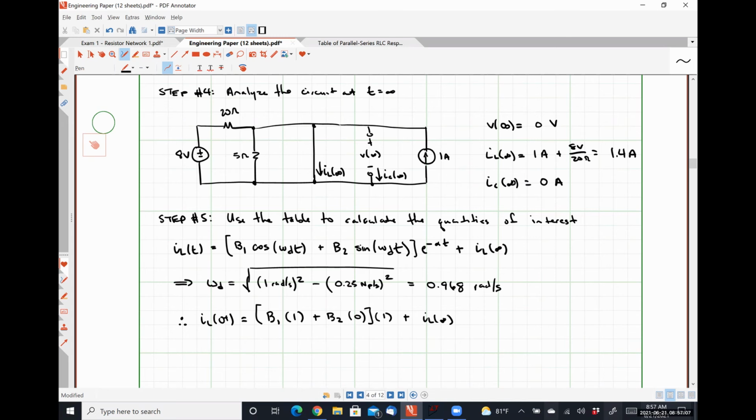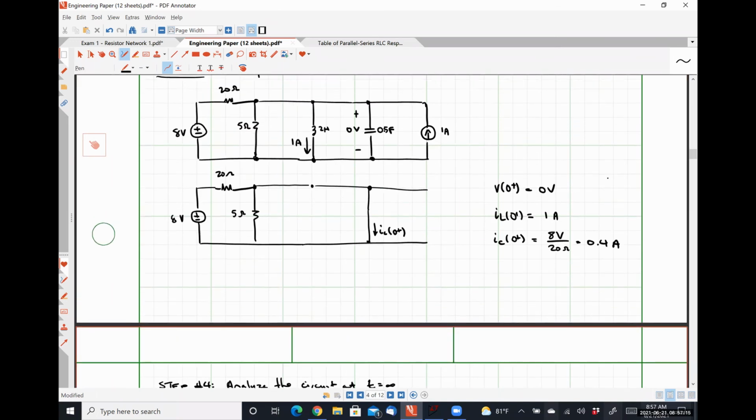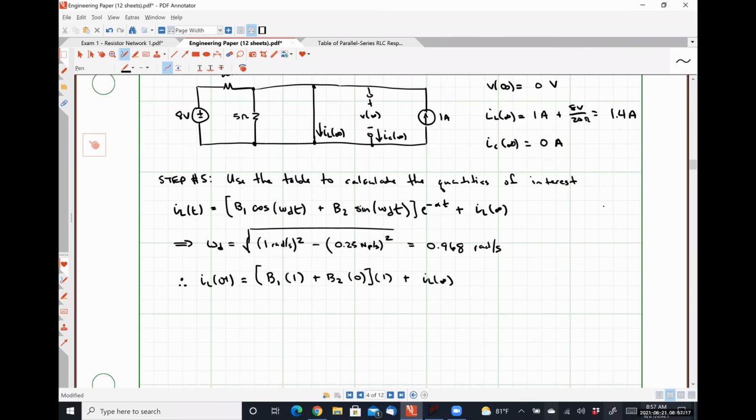So substituting in numbers here, I can say that IL at 0 plus, which we knew to be 1 amp, if I'm not mistaken, yes, 1 amp is equal to B1 plus 1.4 amps, which tells us that our first coefficient, B1, is negative 0.4 amperes, right?